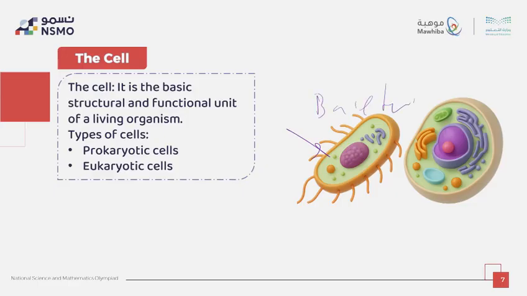The other one, eukaryotic cells: more complex, with a true membrane-bound nucleus, because we call it the nuclear membrane. Examples: animal and plant cells. The picture shows the difference. Prokaryotic cells on the left, simple. Eukaryotic cells on the right, with the nucleus and organelles. Those are the important things to know about the difference between them.